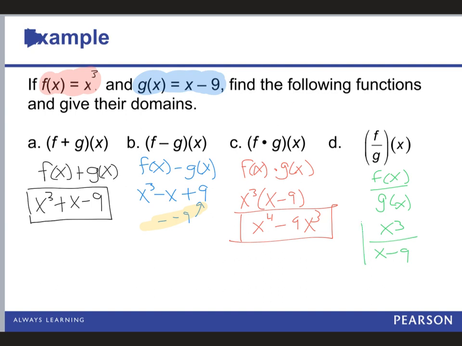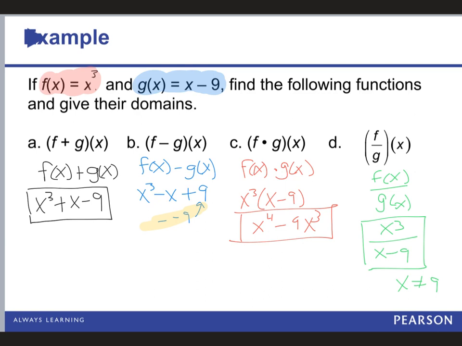Now, this is my answer. I can't simplify that at all, but we do have to look carefully at the denominator and say, okay, when would this be 0? Well, this is 0 when x is equal to 9, because 9 minus 9 is 0. So I have to make this extra step and say x is not equal to 9. And there we have it.